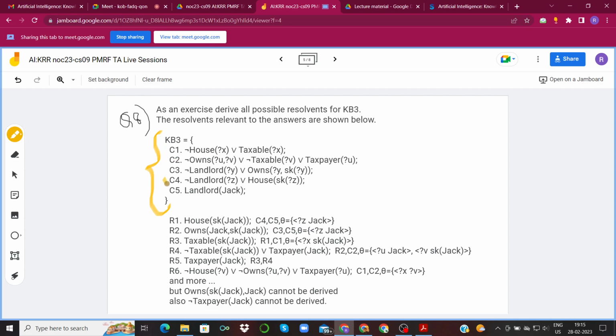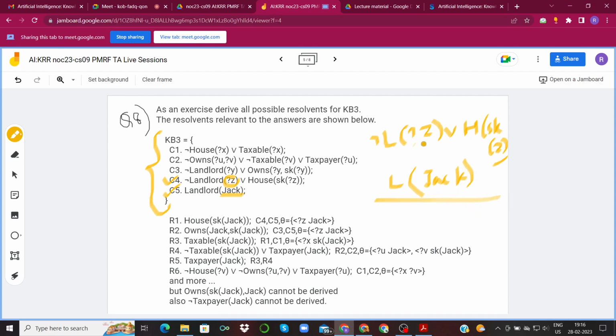The first resolvent that we get is by using C4 and C5 and substituting this Z with Jack. So we have not of landlord Z or house SK Z. I'm writing it in a short form. And then we have C5 as landlord Jack.